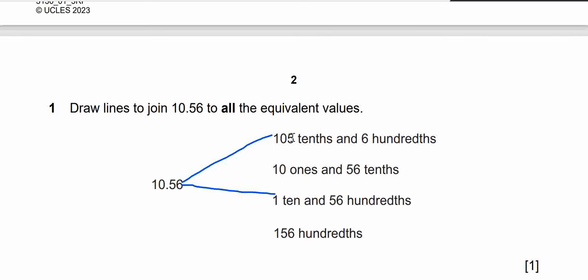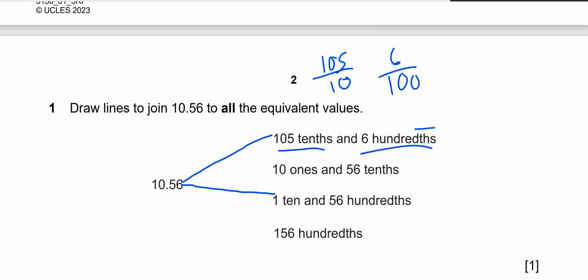10.56 is 105 tenths and 6 hundredths, and also 110 and 56 hundredths. How could it be? This is the explanation. 105 tenths means 105 over 10. 6 hundredths means 6 over 100.